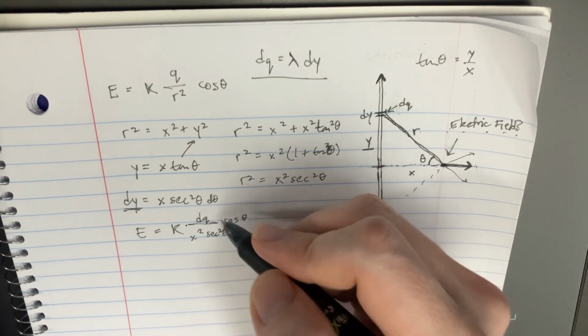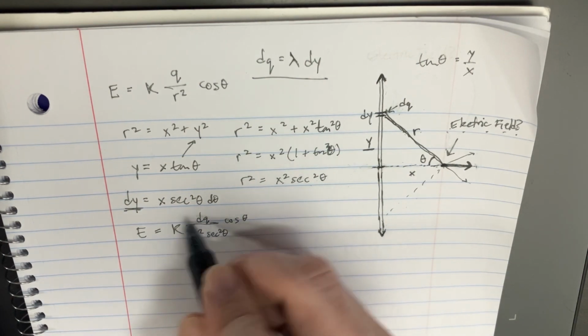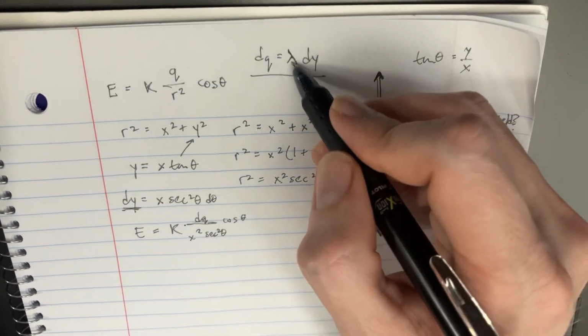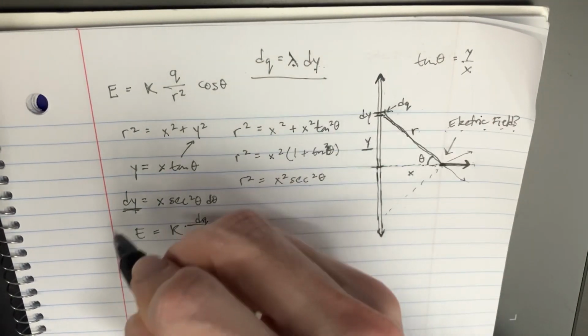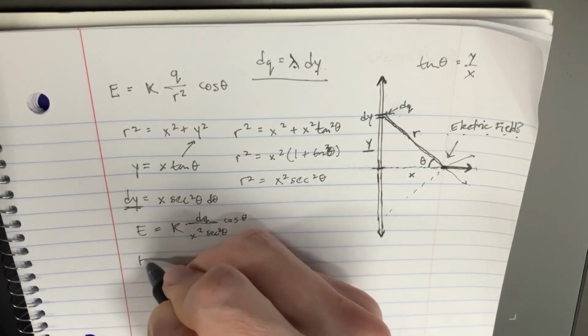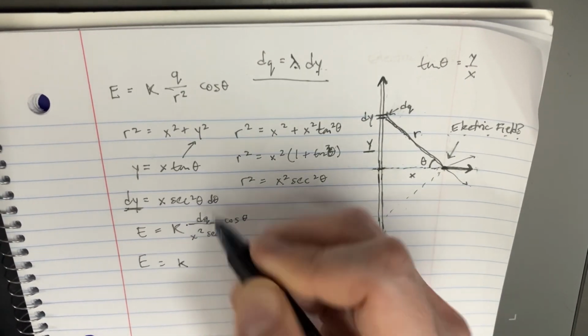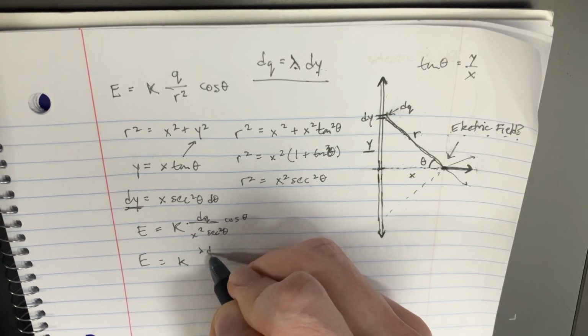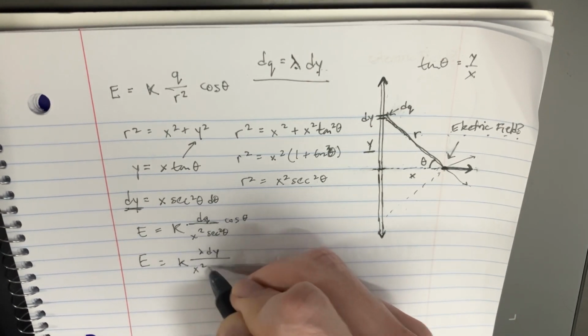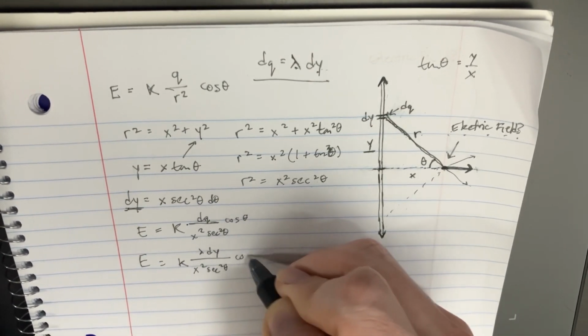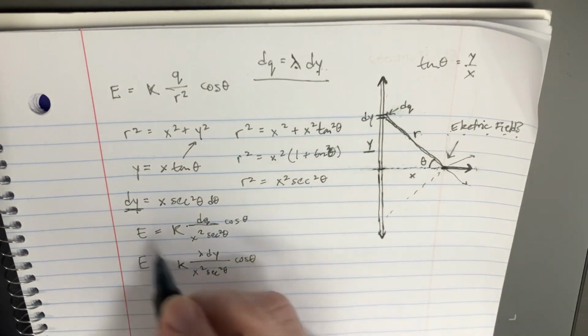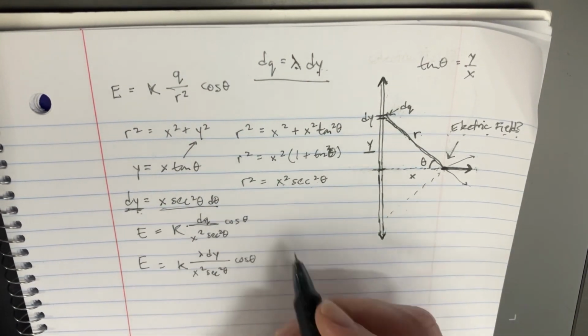So things are going to start canceling out. It's kind of crazy. This dq was supposed to be lambda dy, so let's put that over here. E equals k lambda dy over x squared secant squared theta, cosine theta. And we know that dy is this.